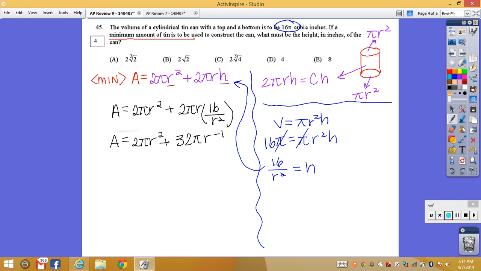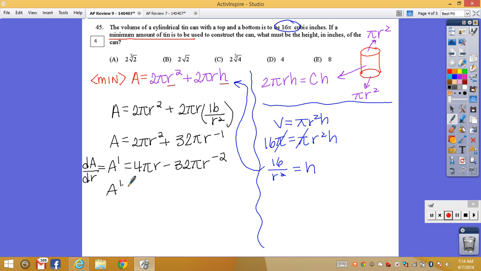And I'm not going to try and get a common denominator here. What I'm going to do is find the derivative first, which would be 4 pi r. And the derivative, just so you are clear, is with respect to r, which is why there's no differentials. So minus 32 pi r to the negative 2.